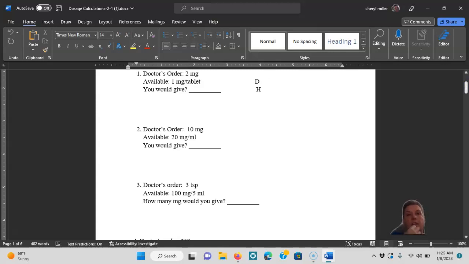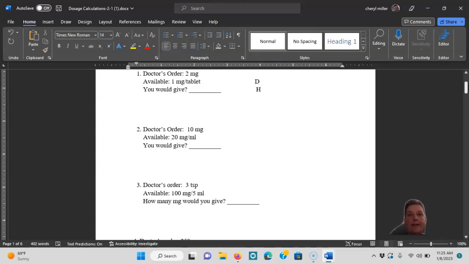Okay, so if I look at that, my doctor wants me to give 10 milligrams. Every pill I have in my bottle is 20. Wait, that's double strength. In order to get 10 milligrams, okay, I would have to give half of that.